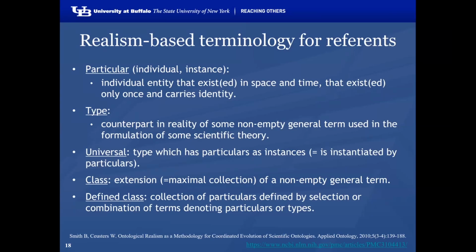So the class stays, the maximal collection stays, but it changes over time. The universal doesn't change. And then the defined class is a collection of particulars defined by selection or combination of terms denoting particulars or types, like the example that I gave, citizen of Buffalo, a human being living in Buffalo.